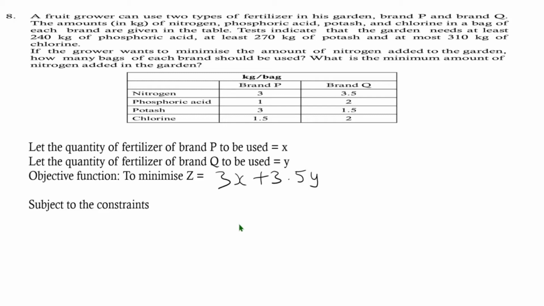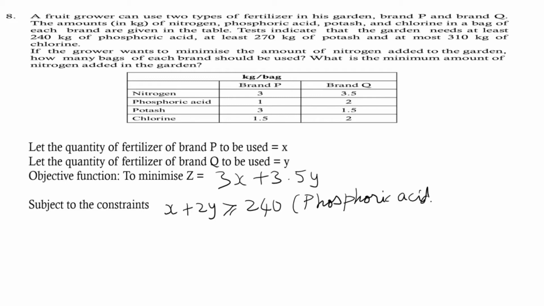So the first constraint with respect to phosphoric acid is x plus 2y greater than or equal to 240. Here the garden needs at least 240 kg of phosphoric acid. They have given at least. At least means greater than or equal to.